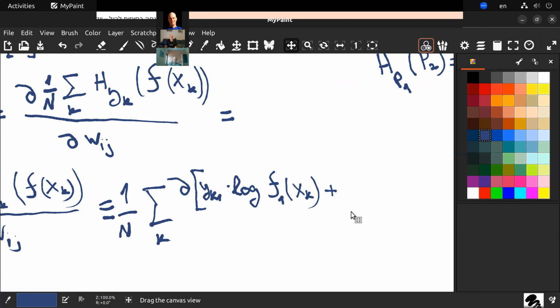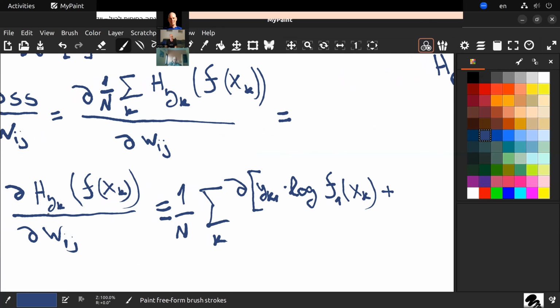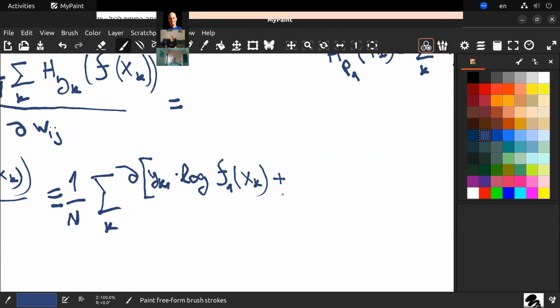So remember, we are dealing with the cross entropy of y and f of x. So this summation is over two, and this is y_k2 log f2 of x_k.